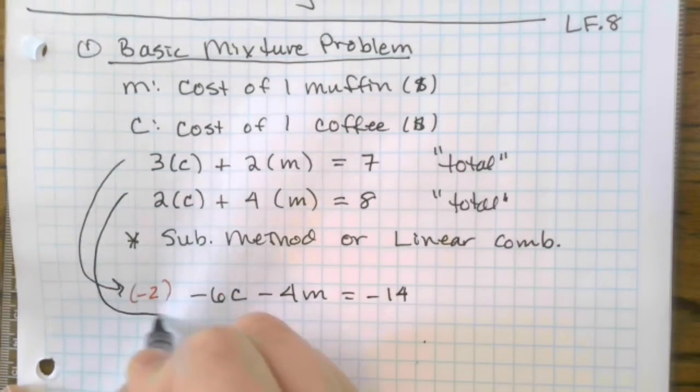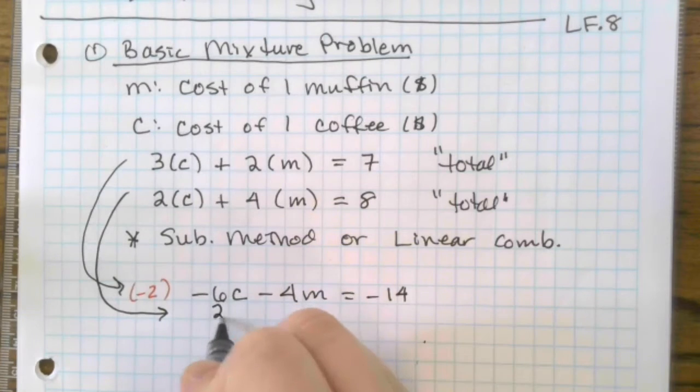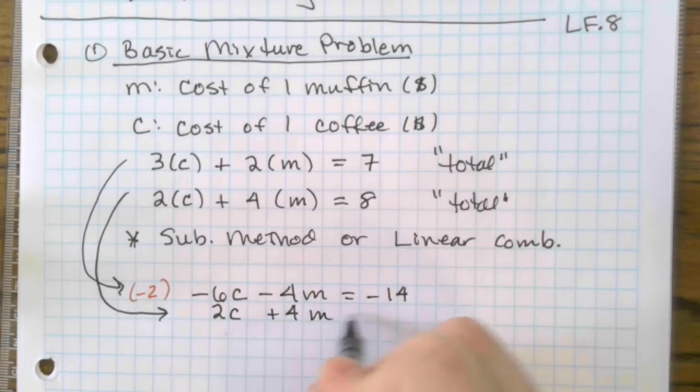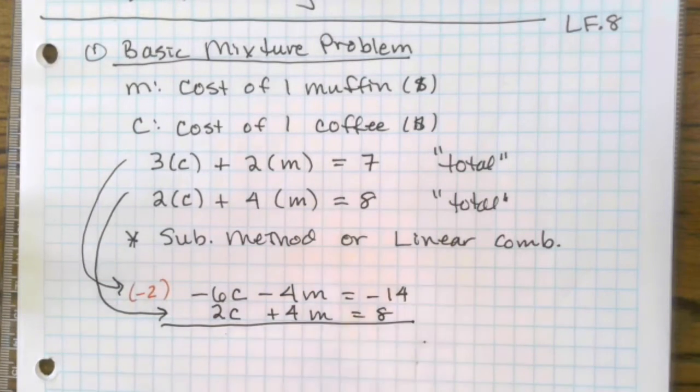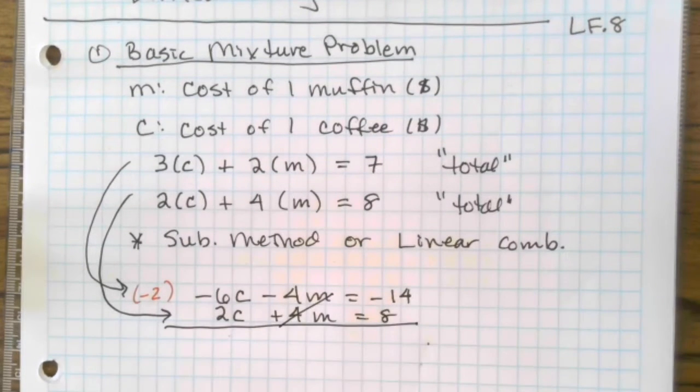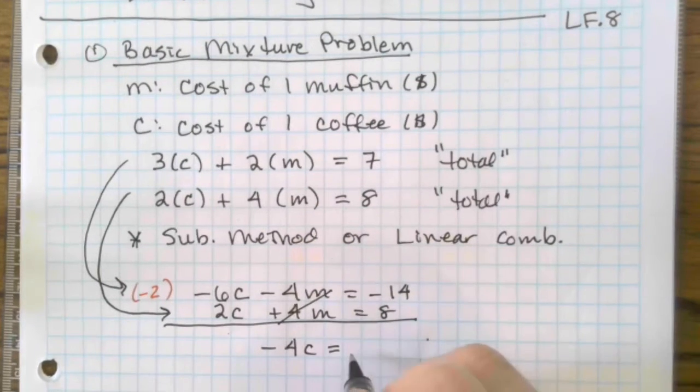I would probably just use this one as is. So 2c plus 4m equals 8. Add it up. The muffins cancel out. Negative 6 plus 2 is negative 4c equals negative 14 plus 8, which is negative 6, yeah.